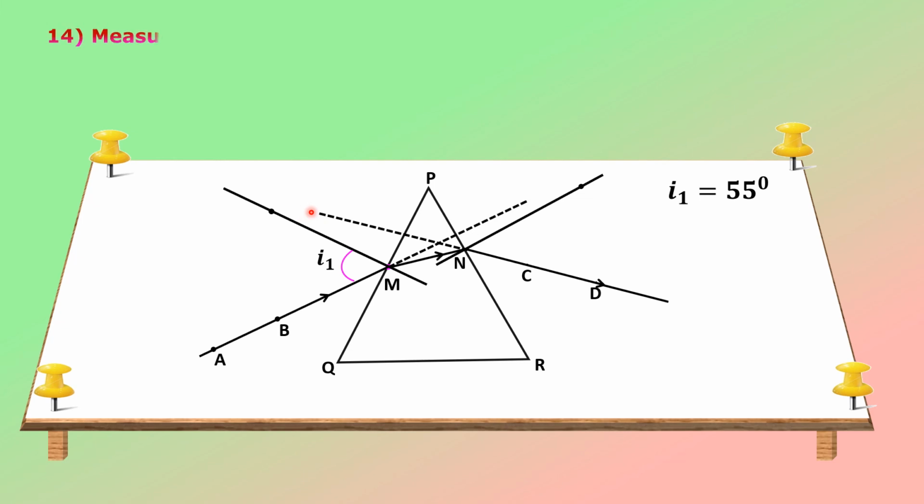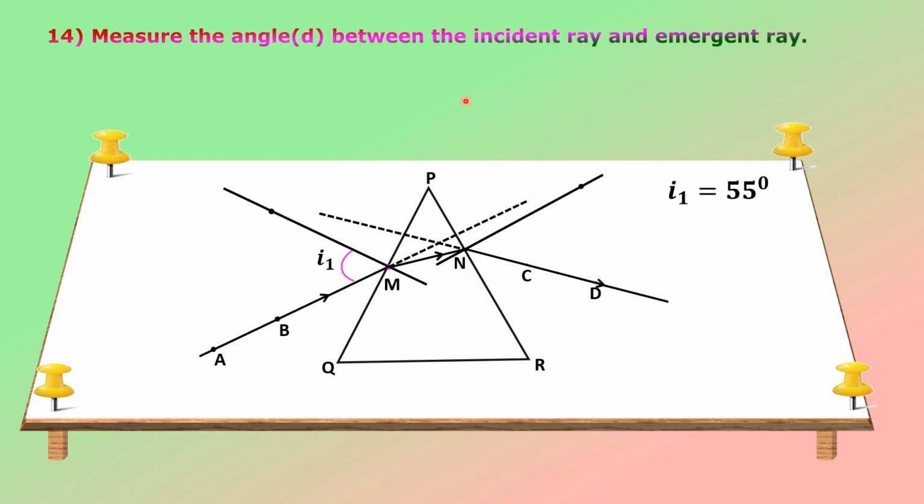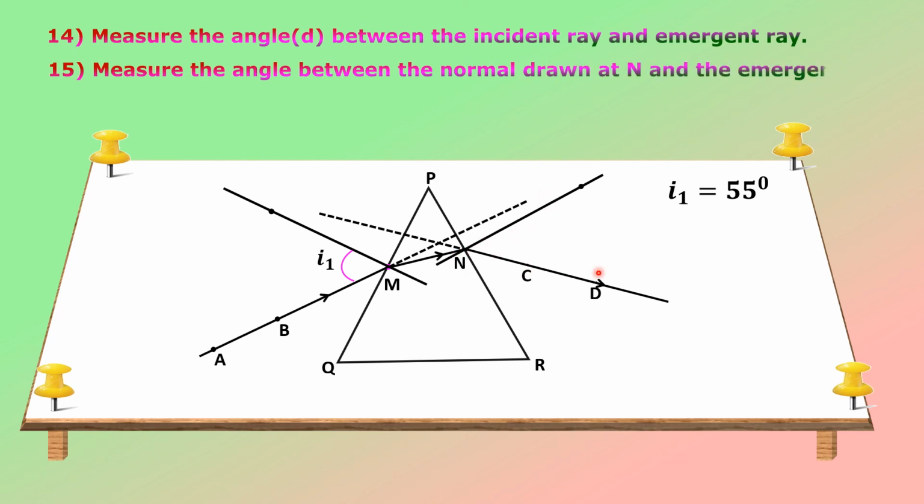Now let us measure the both angles, that is D and I2. Measure the angle D and measure the angle I2 here. Normal drawn and the emergent ray.